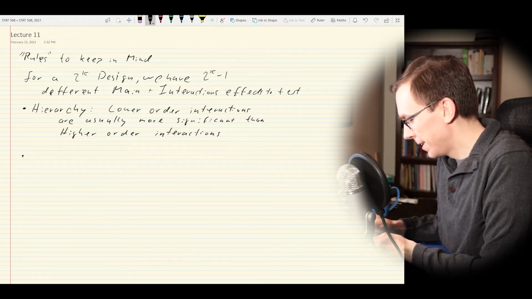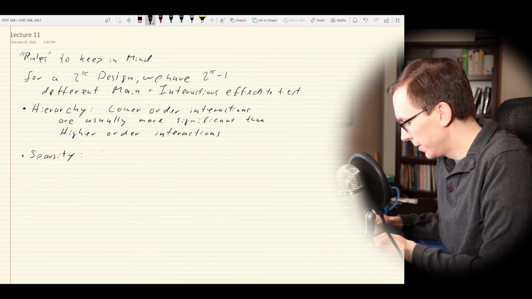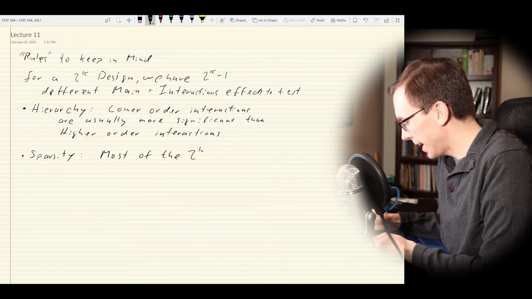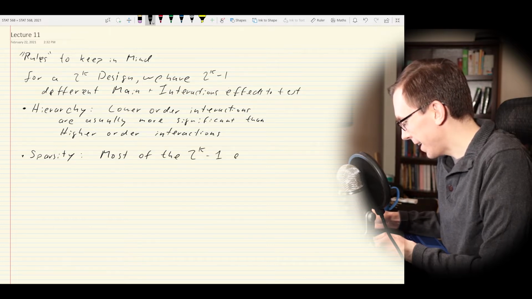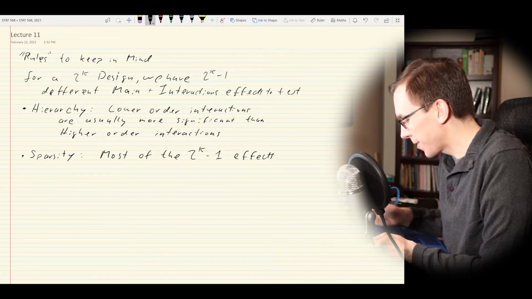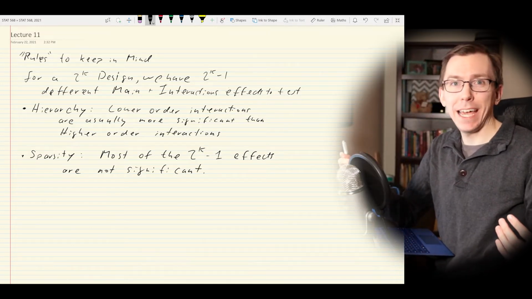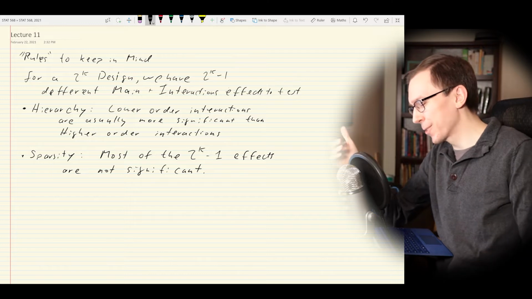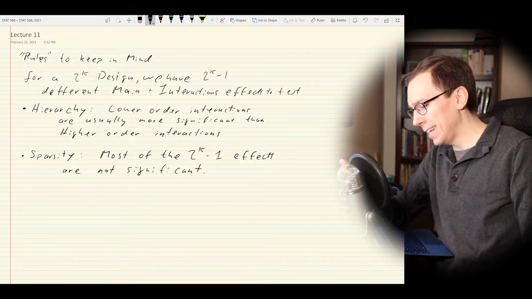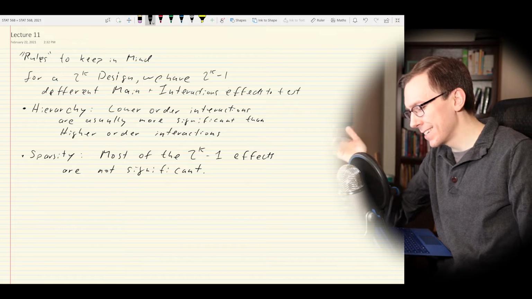The second concept is that of sparsity. Most of the 2 to the k minus 1 effects, main and interaction effects, are not significant. Again, this may be violated, maybe everything is really significant, but in general, we have a lot of different main and interaction effects to consider.